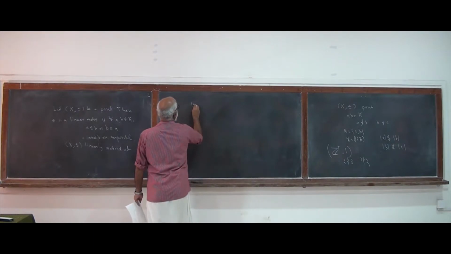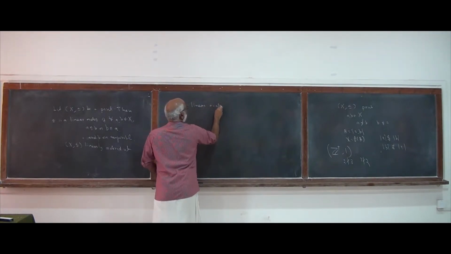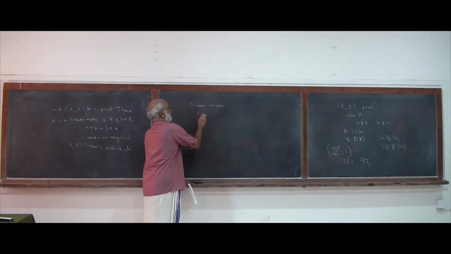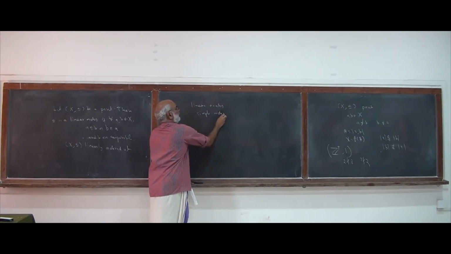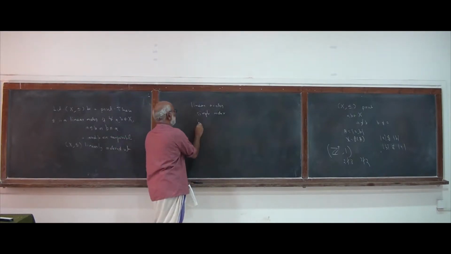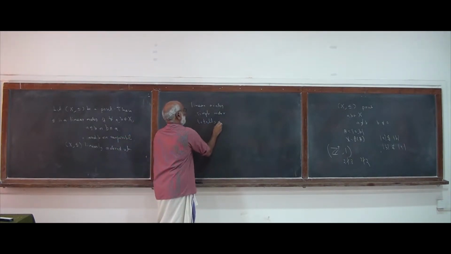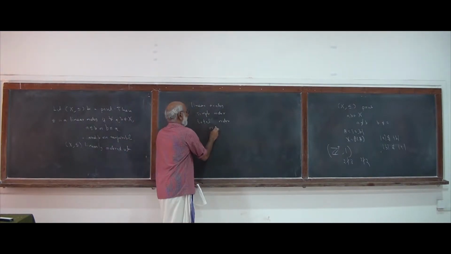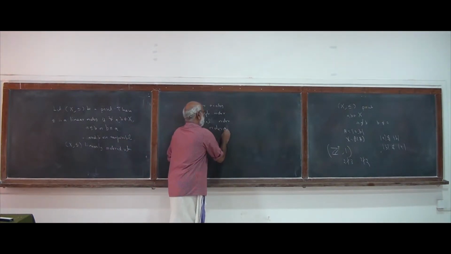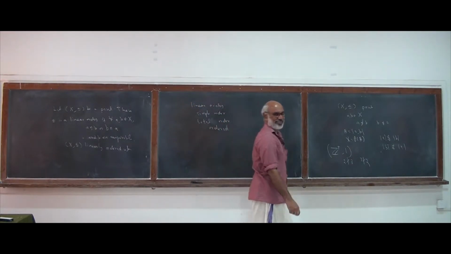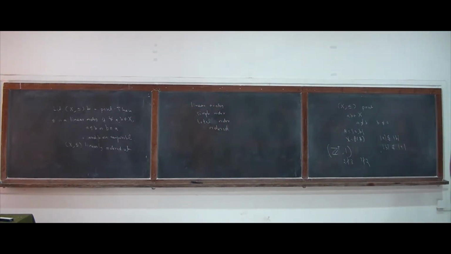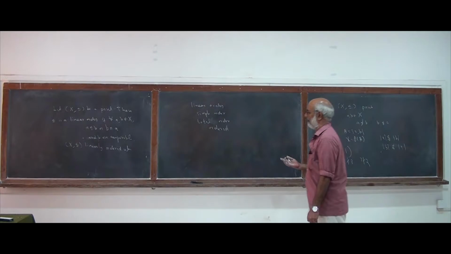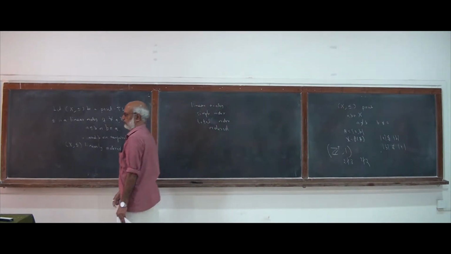Instead of linear order, some people use simple order or simply ordered set. Some people use the words total order and totally ordered set. Or some people even use ordered set and order without any adjective.